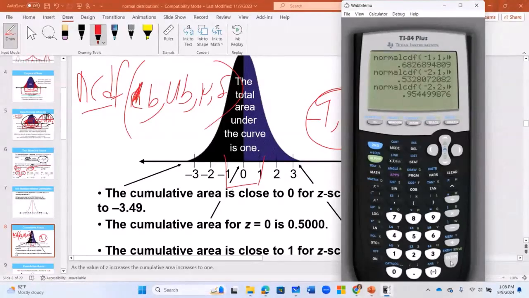Okay, I have already told you before that your calculator is more accurate. You really want to use your calculator because it's more accurate. Okay, you see, empirical rule says 95%, but empirical rule said approximately 95%. All right.